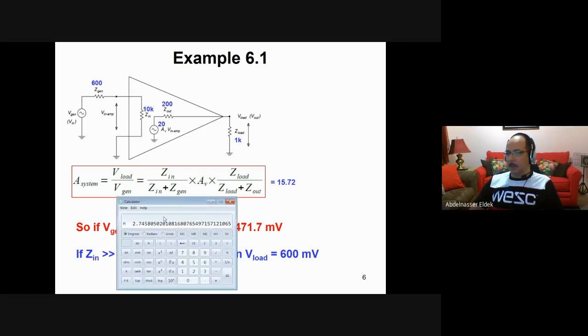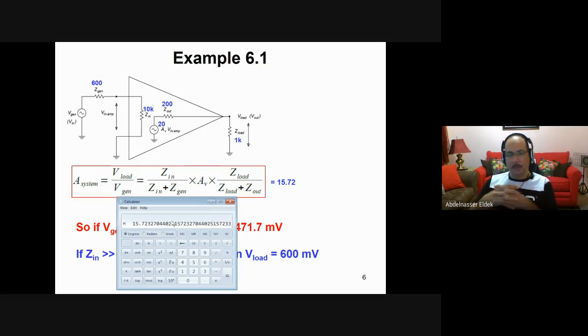So you calculate it here: 10K divided by 10K plus 600, which is 0.6K, times AV, which is 20, times Z load, which is 1K, divided by Z load, 1K, plus Z out, which is 200, or 0.2K.